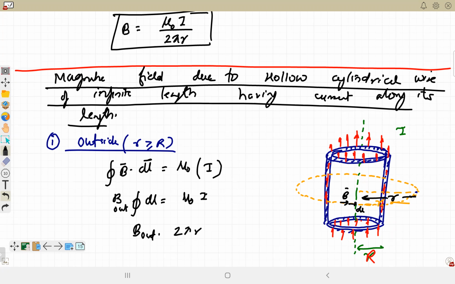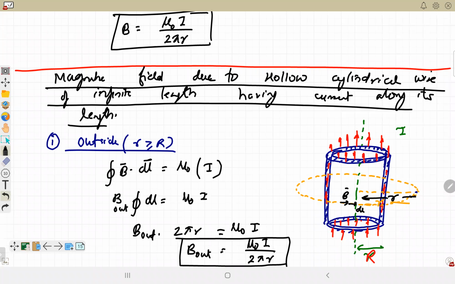Outside magnetic field formula comes out exactly similar to that of a single wire. जो एक वायर के एक्सेस पे रखने से मैग्नेटिक फील्ड प्रोड्यूस होती है, सेम मैग्नेटिक फील्ड will be produced by this hollow cylinder as long as we are outside the cylinder, not a sphere.